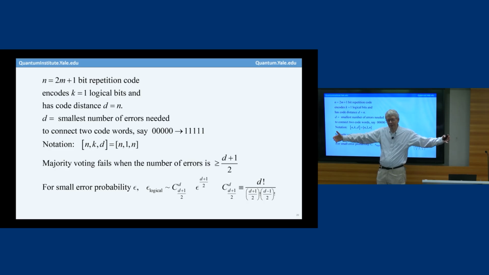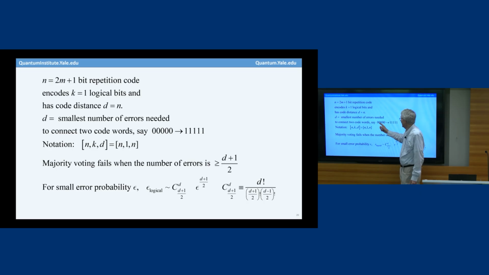I send a string of 51 bits, say, and I can decode and get 1 logical bit out of it. That's k. There's a thing called the code distance. The code distance d is the smallest number of errors that are needed to completely fool you, because it takes you from one code word to the other.